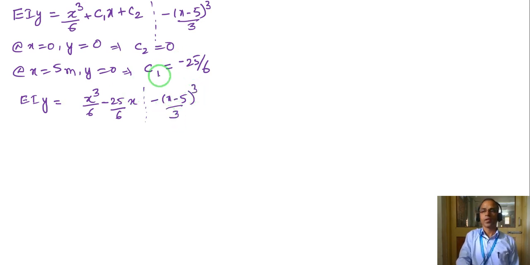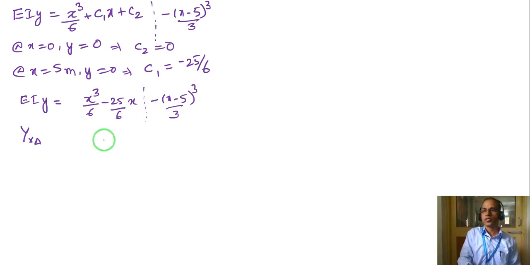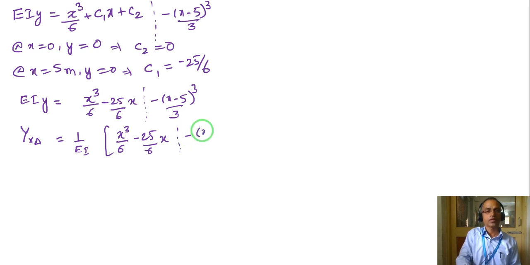Now simply the ordinate y xa for the span AB is 1 by EI times x cube by 6 minus 25 by 6 x, and for the next span we have minus x minus 5 whole cube by 3.